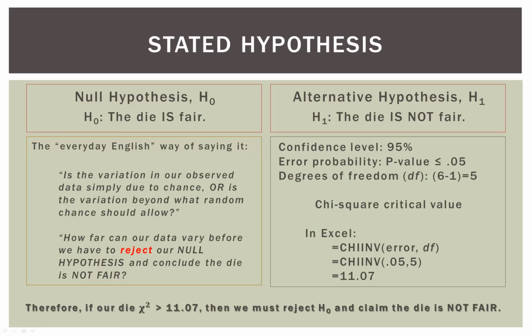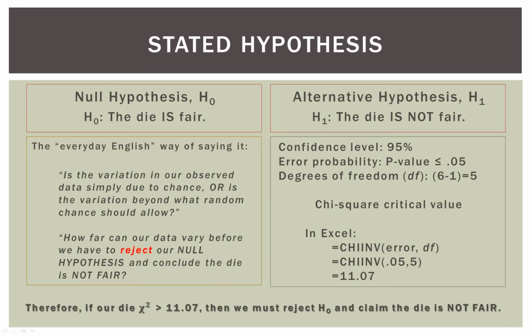The variation is just beyond what we would expect by normal random chance or normal random variation. So if we get a chi-square that's greater than 11.07, we gotta throw the null hypothesis in the garbage and just accept the alternative hypothesis, which states the die is not fair.